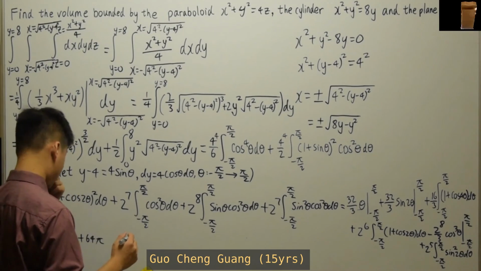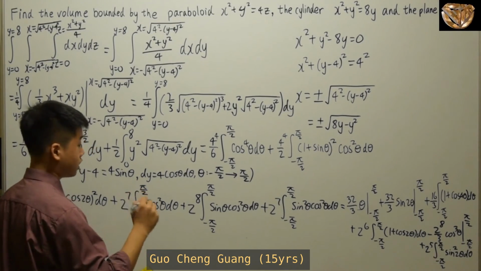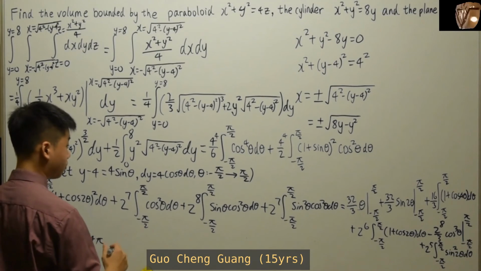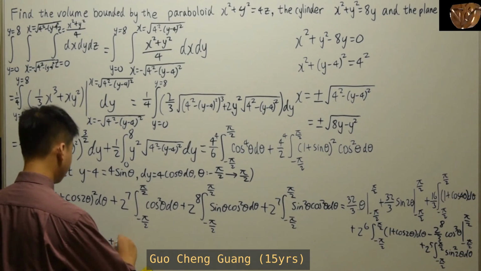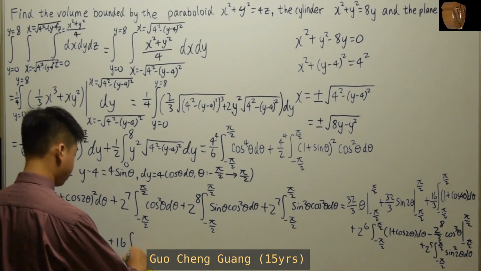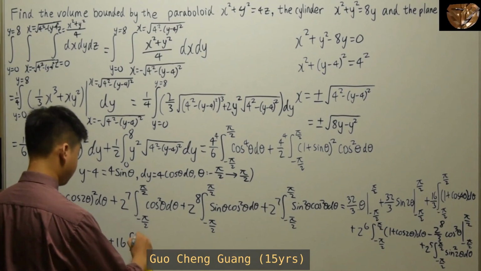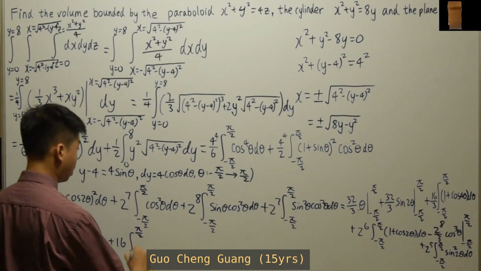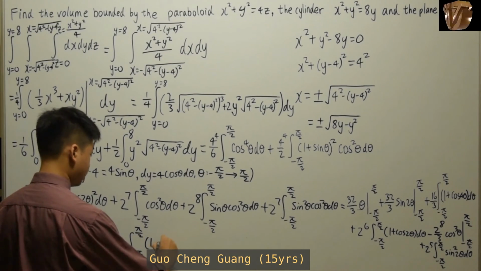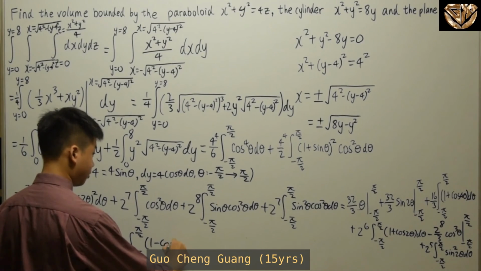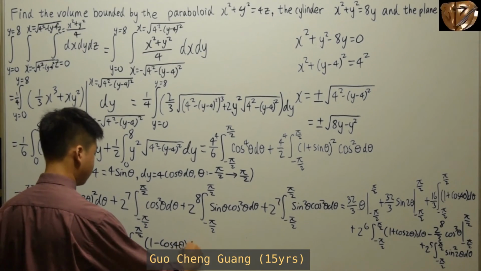Now, all that we are left with would be sine square 2 theta. Right, so we are going to have 16 integrate from negative half pi to half pi of 1 minus cosine 4 theta d theta.